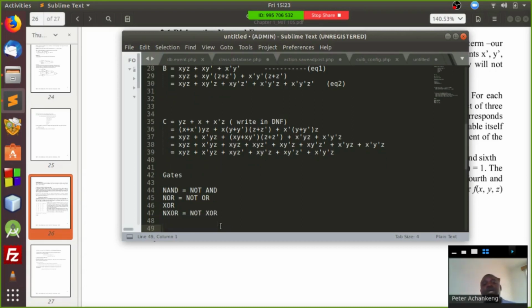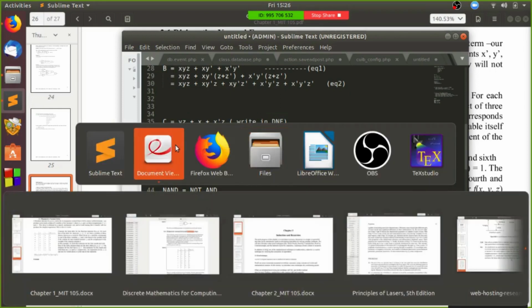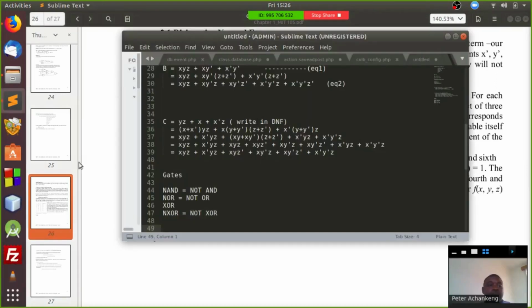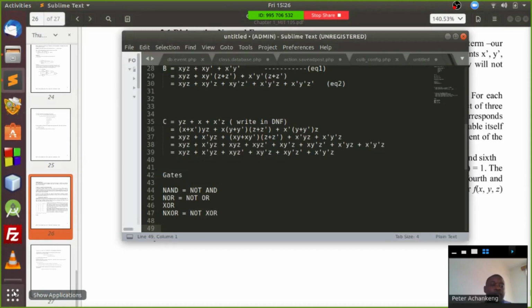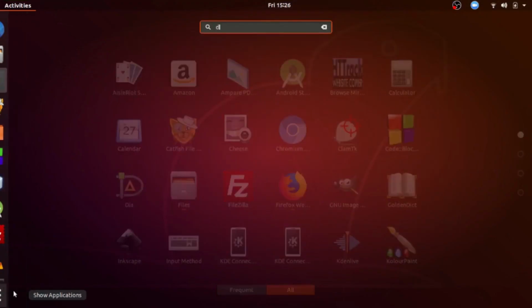So these are other gates that you could possibly have, and you see that these other gates more or less are like a combination of the gate and an inverter. So if I were to draw on the board, let me just draw the gates.